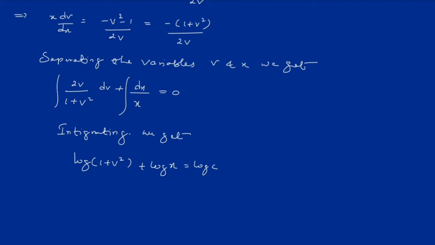So log m plus log n can be written as log mn, it is log of 1 plus v square into x, which is equals to log c. Therefore log gets cancelled, 1 plus v square into x equals c, right?